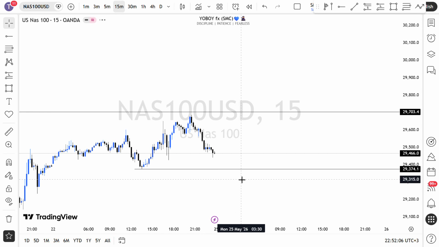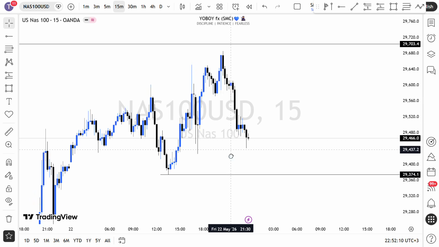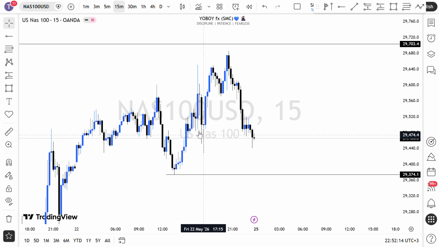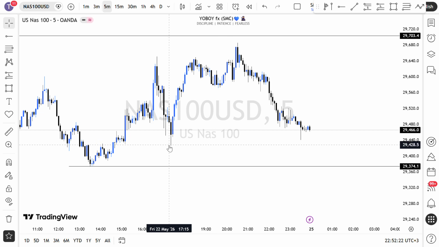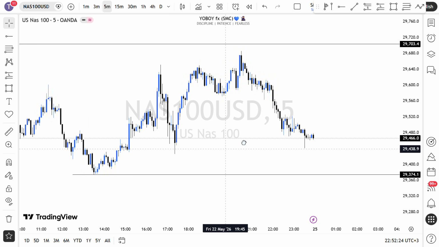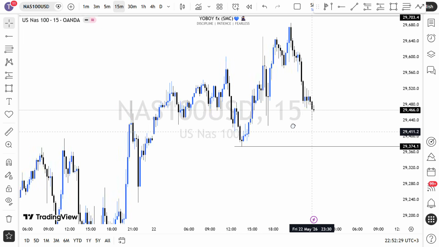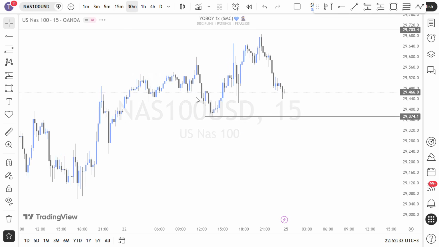So right now, if I drop into the 15 minutes time frame, I'll be expecting price to take out this low before we take our buys to the upside, because this was the first pullback before this break of structure to the upside, and as for me, this will be a liquidity. So NAS 100, I don't have any point of interest inside this time frame.